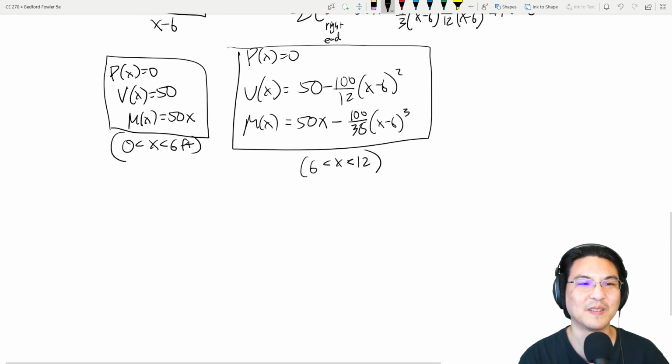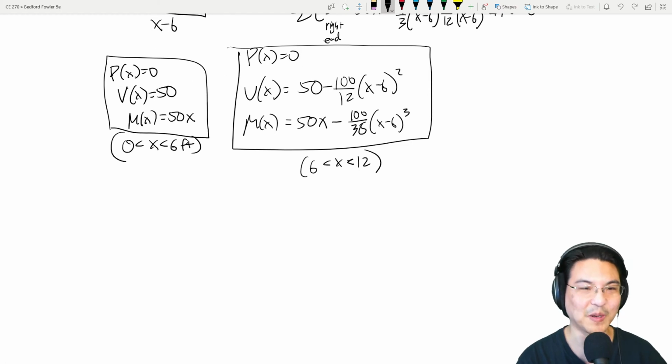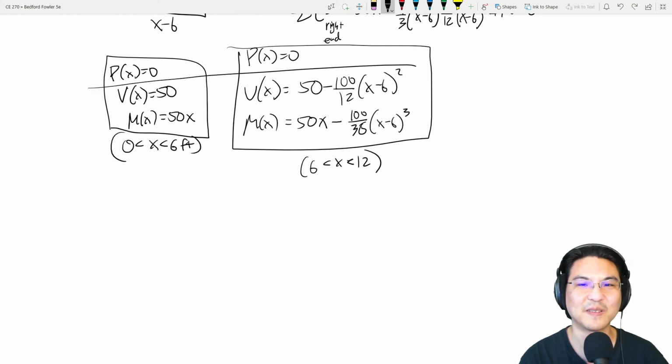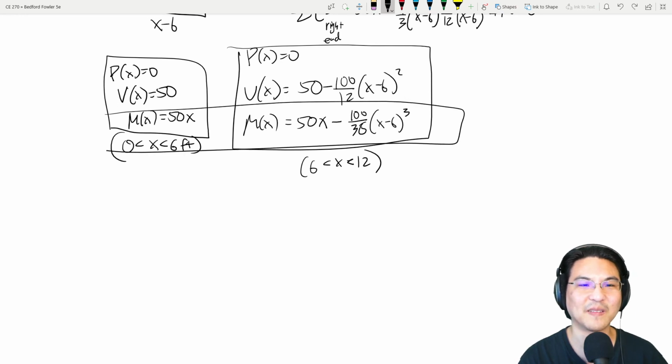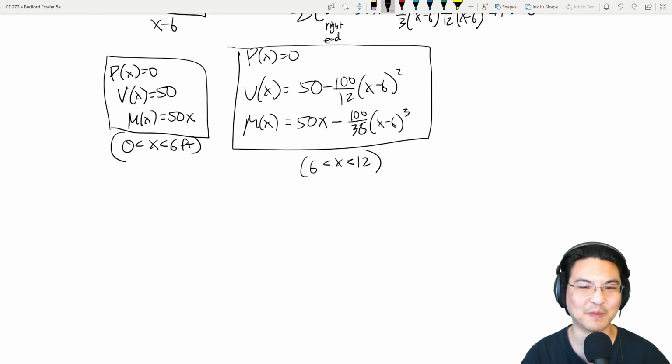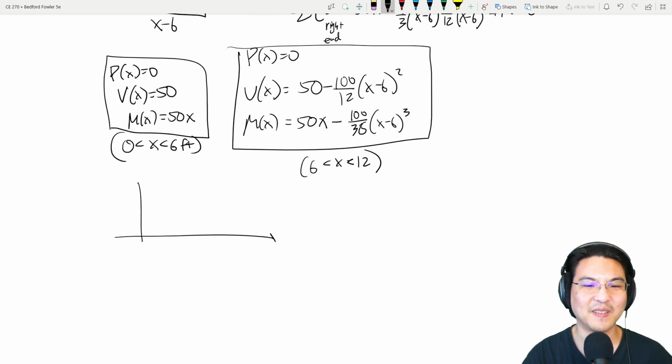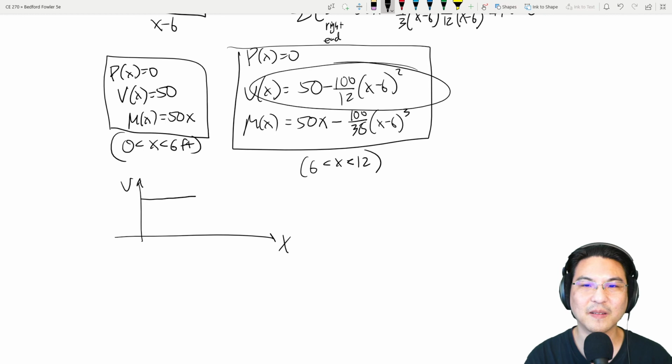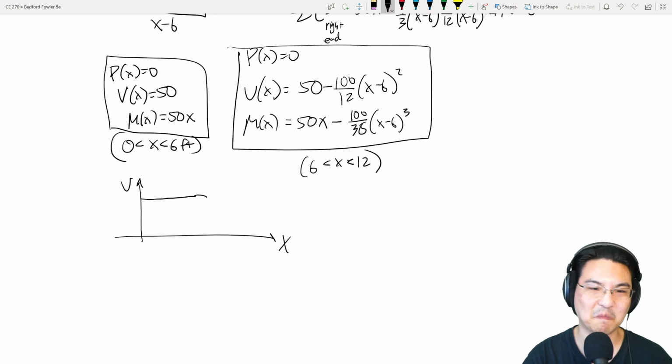So axial force is actually 0 everywhere. Shear looks like this. Bending moment looks like this. You don't need to know how to graph this in your head. You can just punch it in a calculator. But generally, the shear will look like 50, and you see this is a parabola, but then there's a minus, so it's actually concave down, so it'll look something like this.